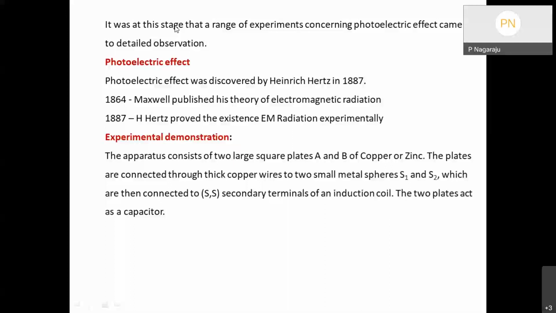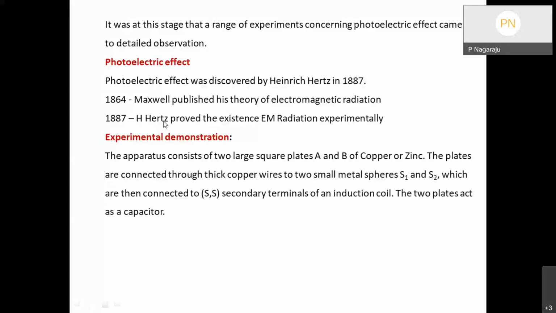So now, coming to the photoelectric effect, it was actually discovered by Heinrich Hertz in the year 1887. And before that, in the year 1864, Maxwell published his theory of electromagnetic radiation or electromagnetic wave, which I have already explained.